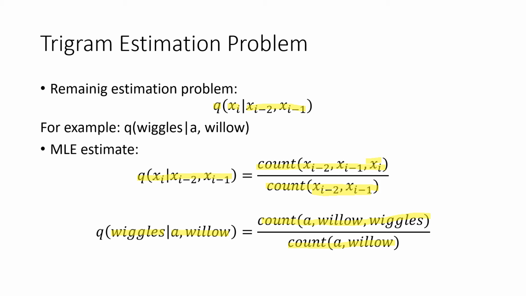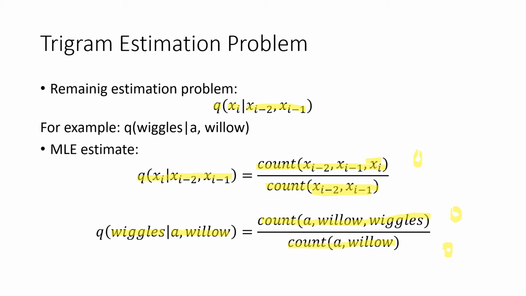But we can encounter a problem here. For many bigrams and trigrams, it could occur that we have 0 occurrences of these trigrams, or maybe even possibly 0 occurrences of the bigrams.